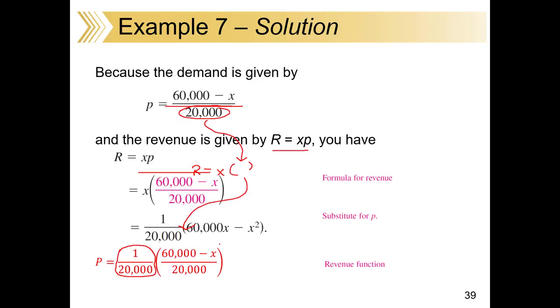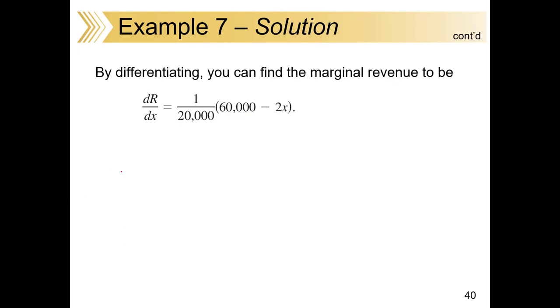Pause it if you like with the revenue function back there. So you want to use this version of the revenue function. You're going to take the derivative, and there's your derivative.